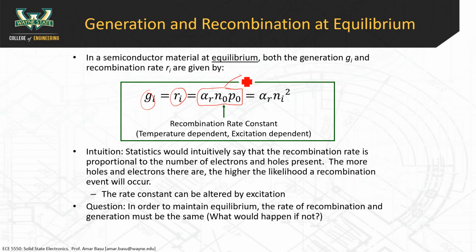Just to remind everyone, n0 is the electron concentration and p0 is the hole concentration. The more electrons you have, the more holes you have, the higher your generation and recombination rates are going to be.